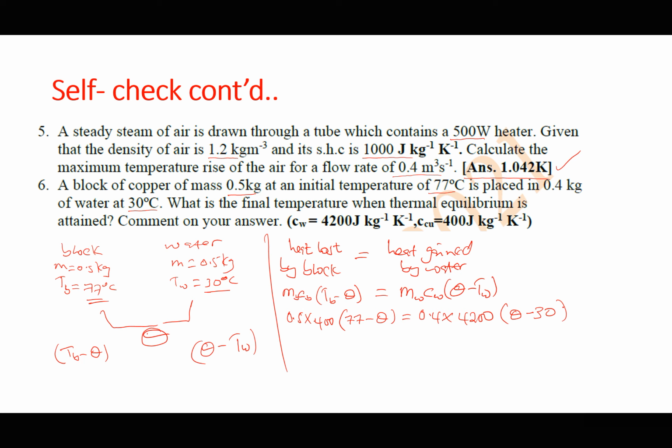So this would be 200 times 77, which is 15,400, minus 200 theta, is equal to 0.4 times 4,200, so this is 1,680 times theta minus that one times 30.